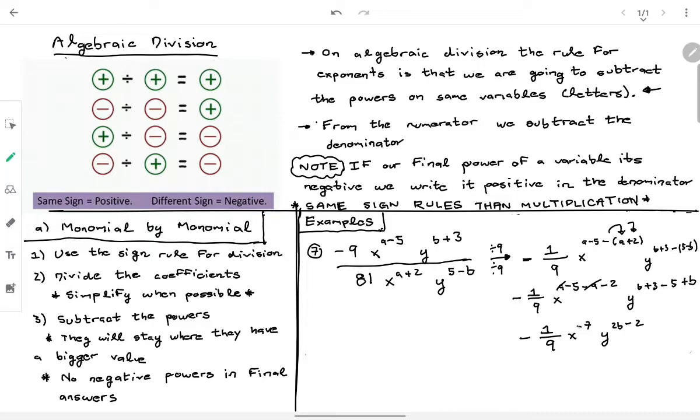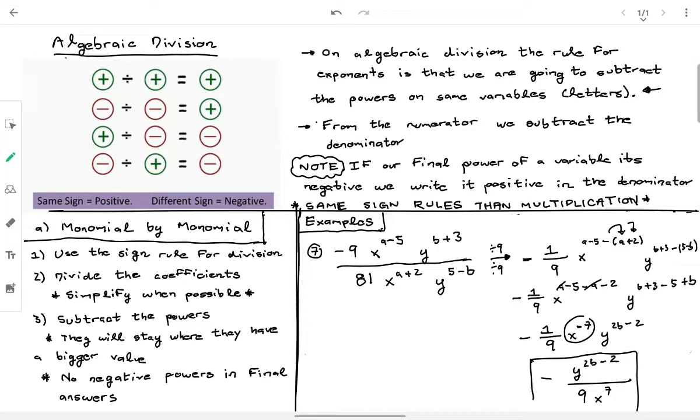So in this case, we cannot have this negative exponent, so we can put it like a minus. In the top part, it's going to be y to the 2b minus 2 over 9x to the 7. And this is going to be our final answer of this process.